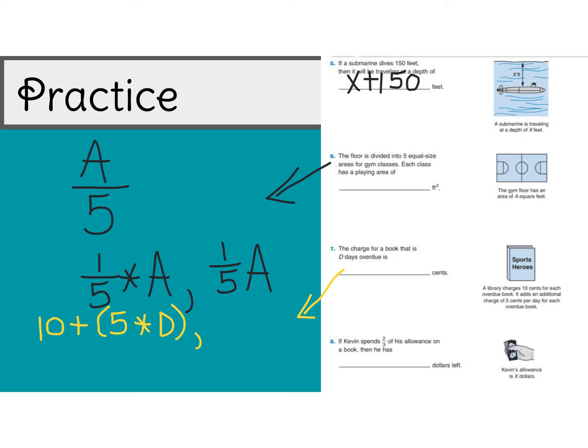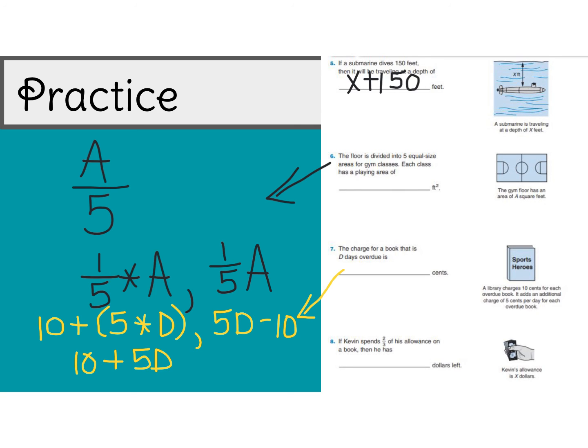Another way would be 5D, which means, again, you're multiplying 5 times D, plus 10, or we could do 10 plus 5D.